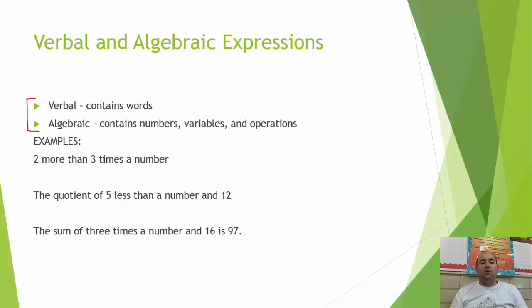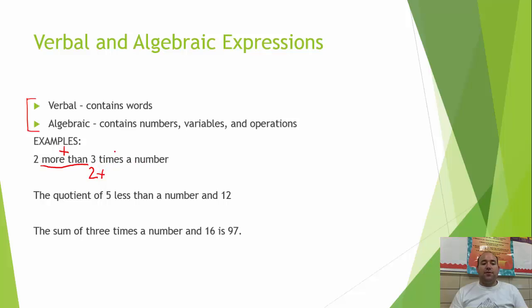2 more than 3 times a number. All right, so all the numbers I know are going to be the numbers. So we have a 2, so I'll write that first. More than. Okay. When I see more than, I always think plus. So that's got to be a plus sign. Next, 3 times a number.